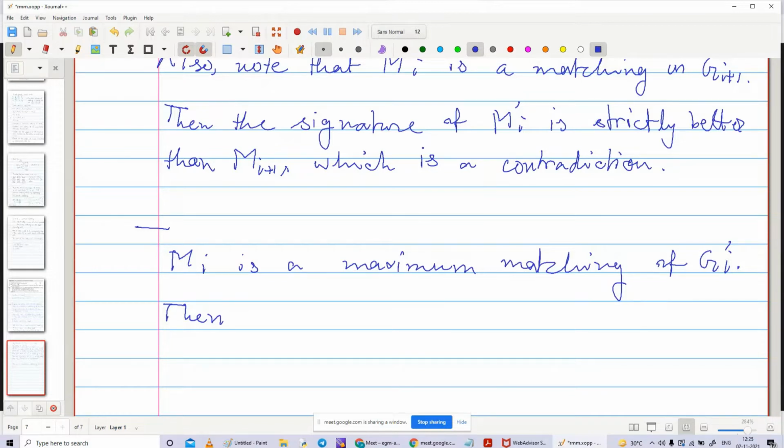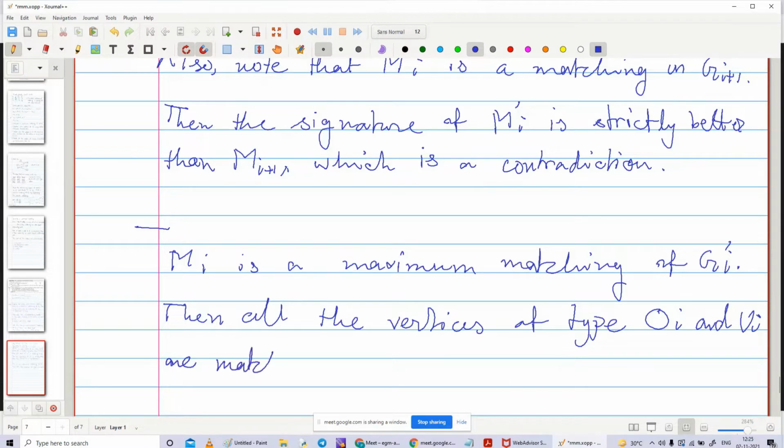We can claim that all the vertices of type Oi and Ui are matched in Mi with an edge of rank i or less. If that happens, then those vertices cannot have any edge of rank i plus 1 incident to it in Mi plus 1.